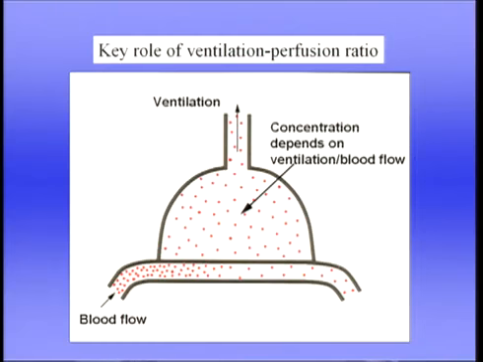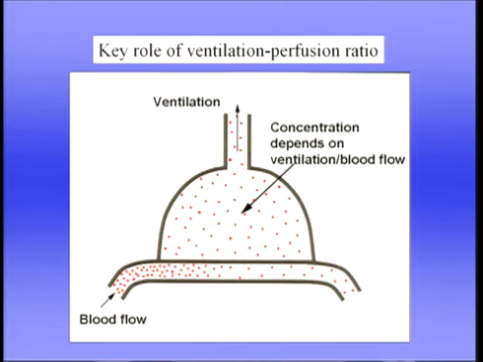Now, what's so special about the ventilation perfusion ratio? Why is that ratio so important? And this image indicates that the reason why it's so important is that it determines the concentration of any gases in the alveolar gas and the effluent capillary blood in the lung.